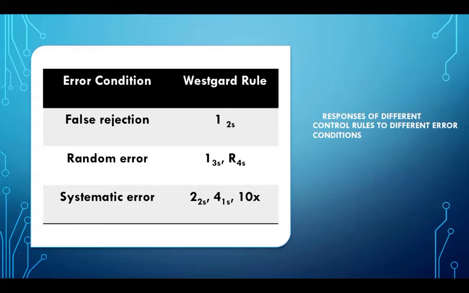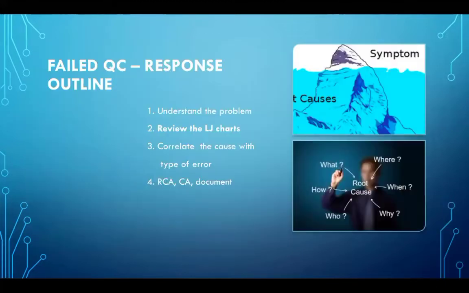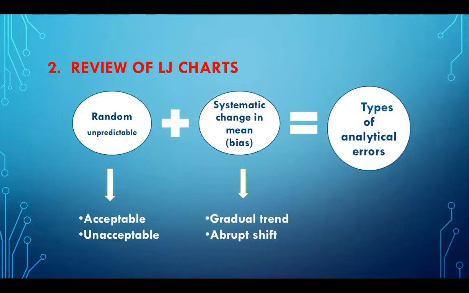Then we have to identify what are the reasons for these. So for this, what is required? A good understanding of identifying problems in the QC, this Levey-Jennings chart is important.